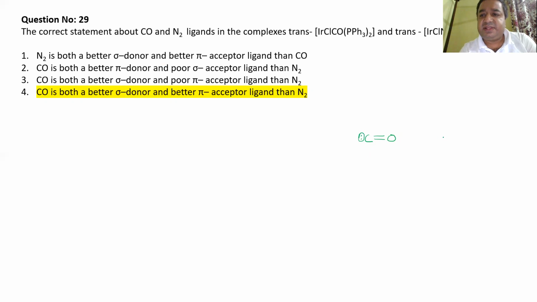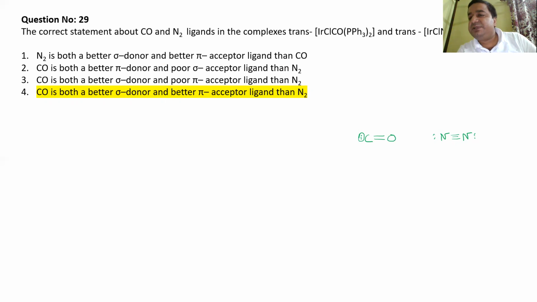However, in the case of nitrogen, there is no electronegativity difference. So this is the first prime factor. Now, the MO diagram tells us that the oxygen lone pair is lying over the carbon.